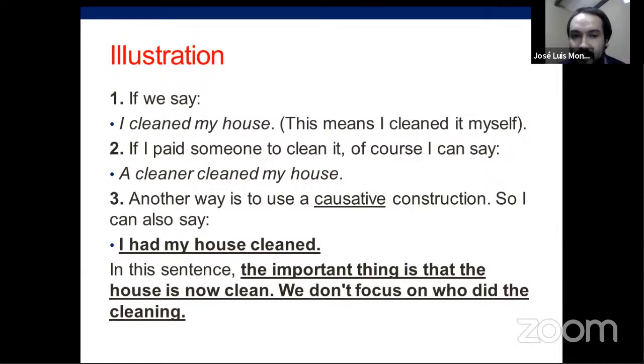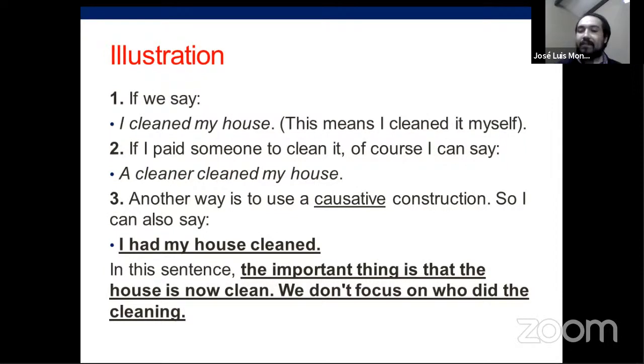Please, with me, if you can help me with points number 1, 2, and their examples, please. Let's read them. If we say I clean my house, this means I clean it myself. If I pay someone to clean it, of course I can say a cleaner cleaned my house. Thank you very much.